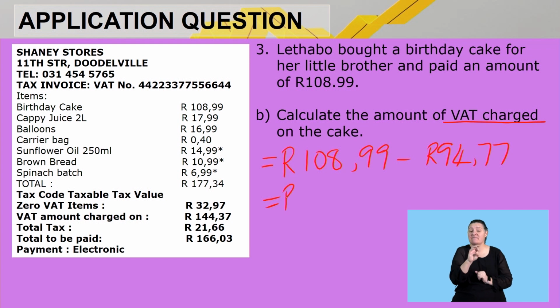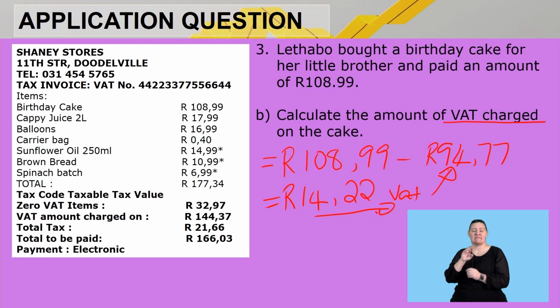So meaning the amount of VAT was 14.22. Now you can prove this by taking this VAT amount and adding it to the VAT exclusive amount. It should take you to 108.99.